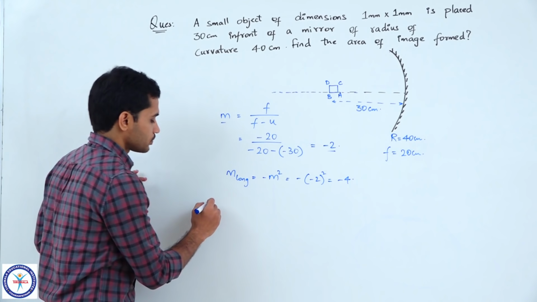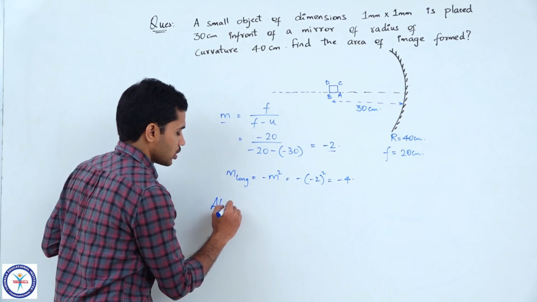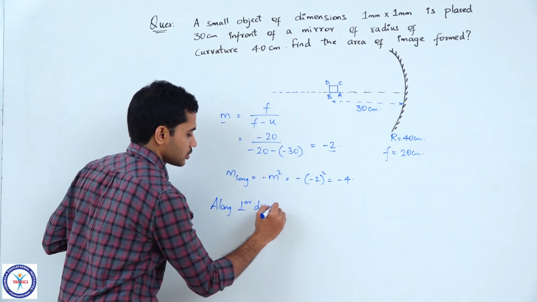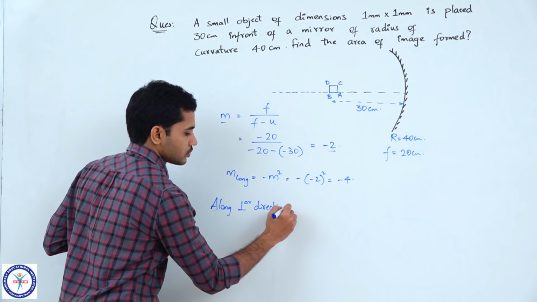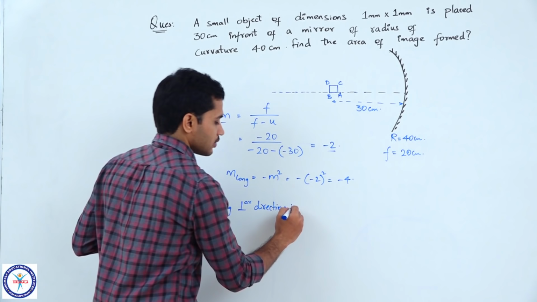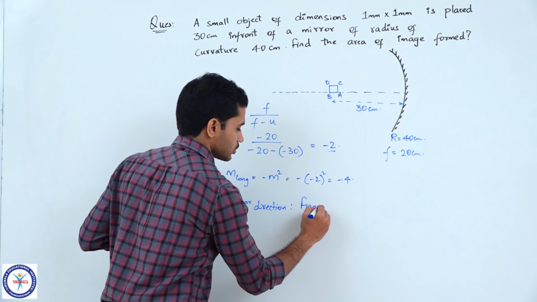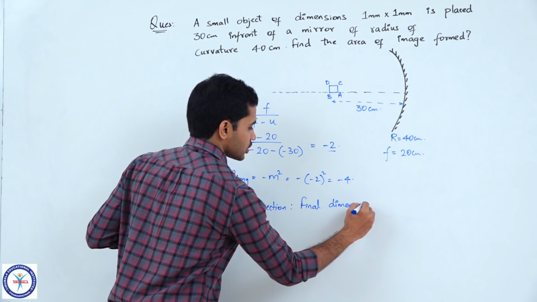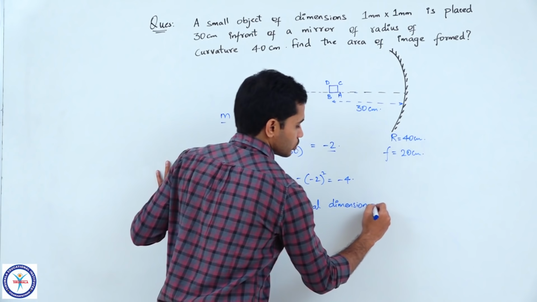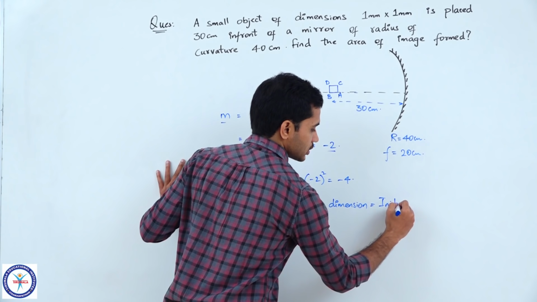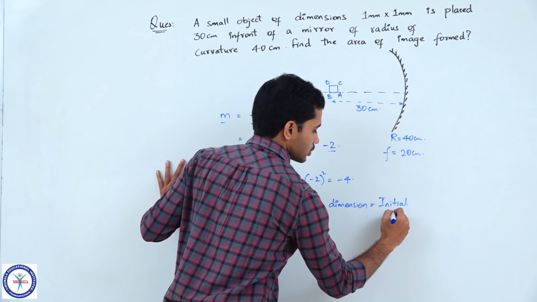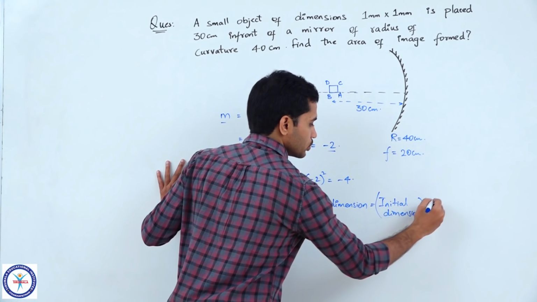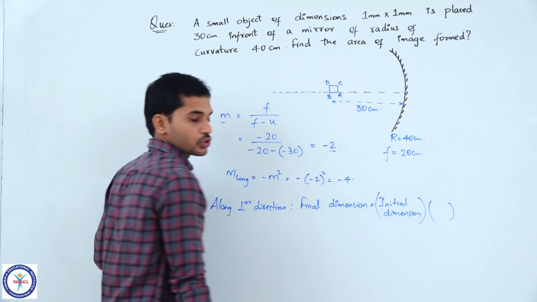So which means along perpendicular direction, we can say that final dimension is equal to initial dimension into which magnification should I use here?